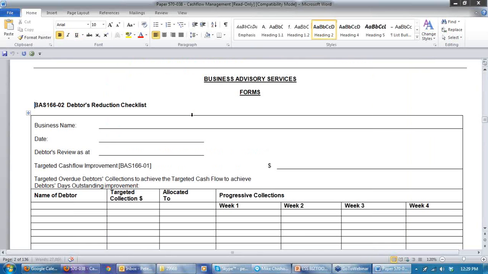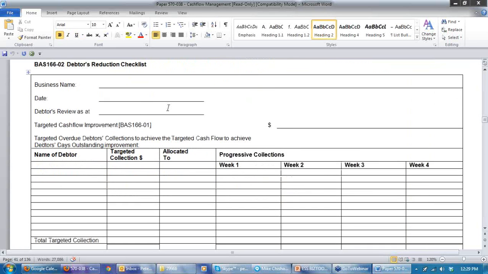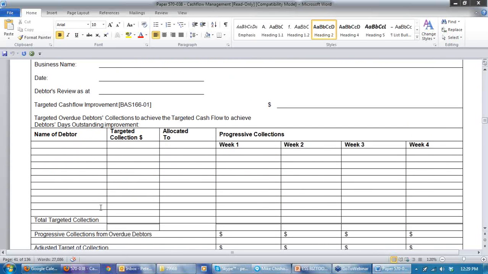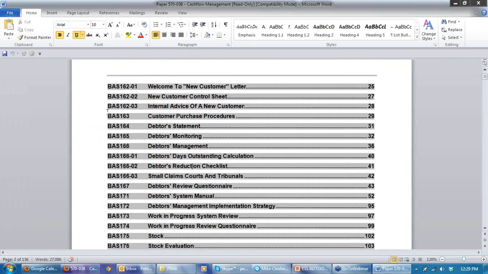We produced a debtors reduction checklist to help the client identify debtors who they've got requirements to get an extraordinary amount of money from, how much that is, who's allocated to collect it, and how have they gone week by week in collecting that money so that they can keep a close eye on what's happening.